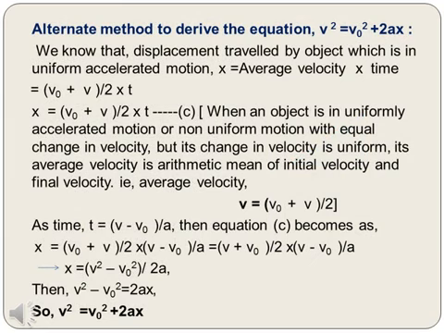Next, you are going to study an alternate method to derive the third kinematic equation, v square is equal to v0 square plus 2ax.